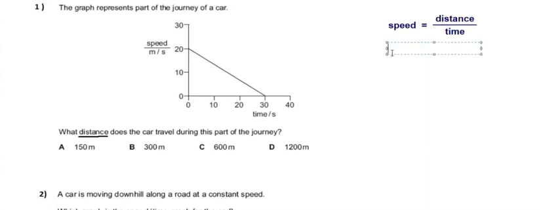So here I can write distance is equal to speed multiplied by time. And we know that in the speed time graph, the distance is given by the area under the line or area under the curve. So you can see this area is giving us the value of the distance traveled by the car.